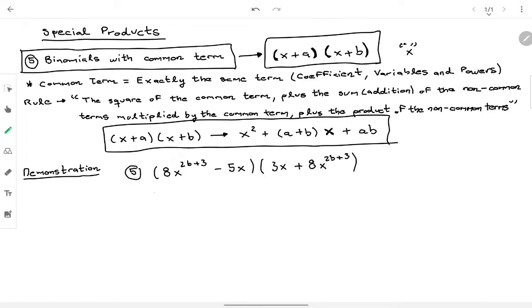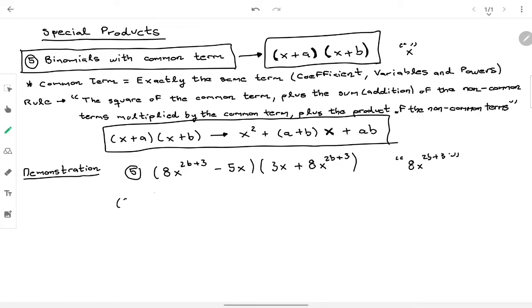So what happens when we have letters in exponents? Don't worry, it's the same. In this case, the common term is 8x to the 2b plus 3. So we follow the rule.